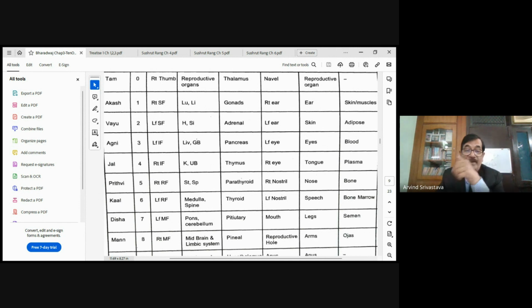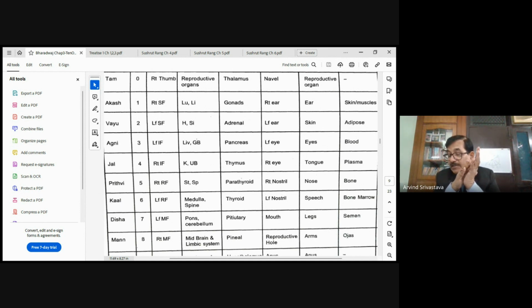Now again, from 6 the energy of the nervous system starts. So this is part of the brain. Number 7 is the left middle finger. It is the finger of disha. What is disha doing? Disha means that a direction should be there. We have to understand what our aim and motto in life is, and what our direction in life is. The cerebellum is responsible for the same thing.